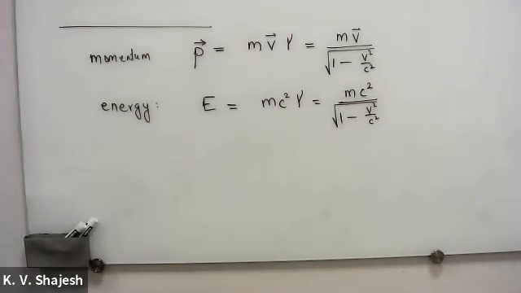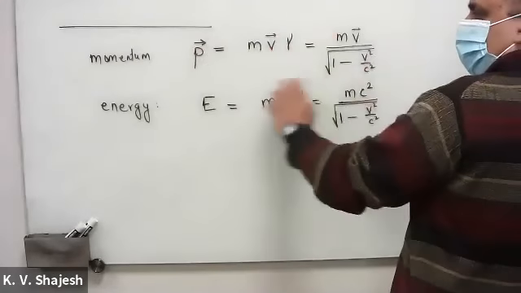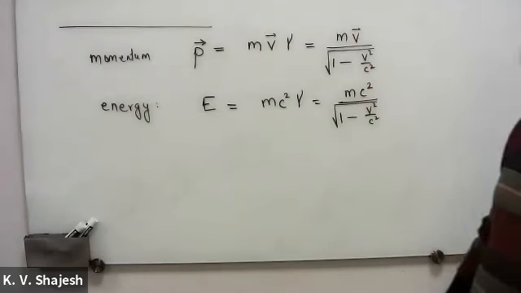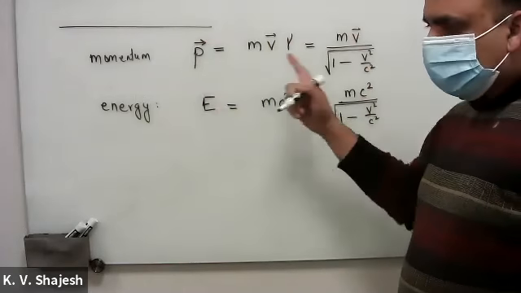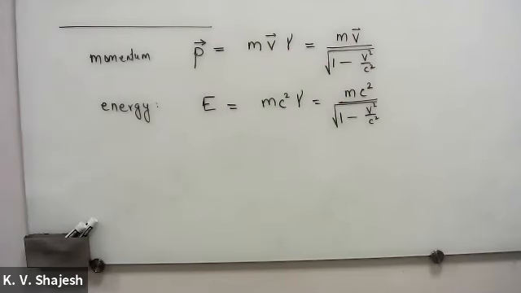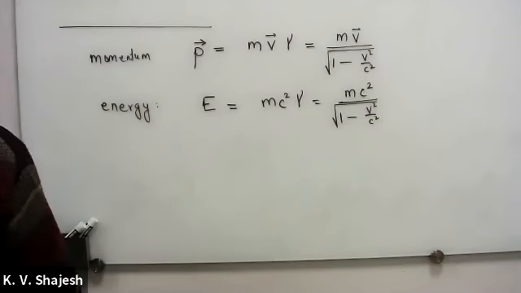And if there is a collision, again we would say that linear momentum is conserved. That means P1 plus P2 is equal to P1 plus P2 after the collision. And the energy will also be conserved. E1 plus E2 will also be equal to E1 plus E2 after the collision. But there is one more quantity that is conserved for each particle in principle.